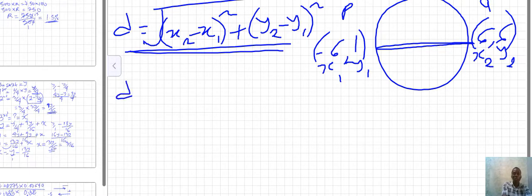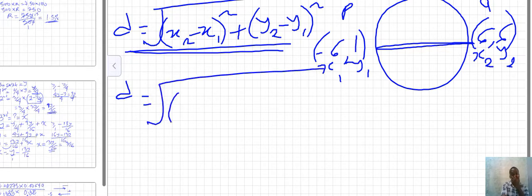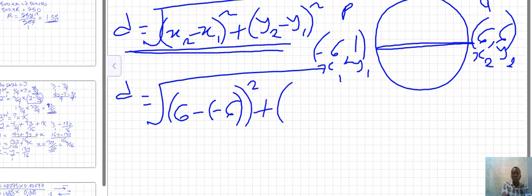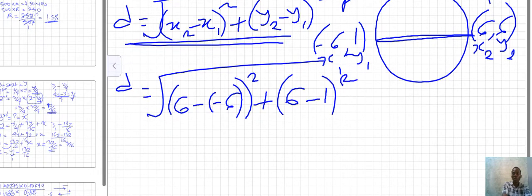Now we are going to simplify and put all these values into the equation. So our D will be equal to the square root of (x2 is 6 minus x1 is minus 6) in bracket, all squared, plus (y2 is 6 minus y1 is 1) in bracket.